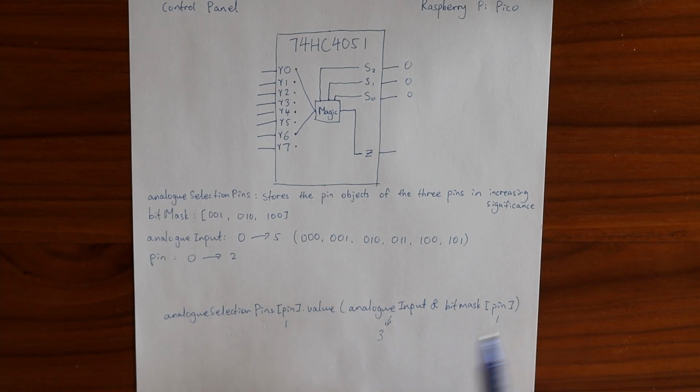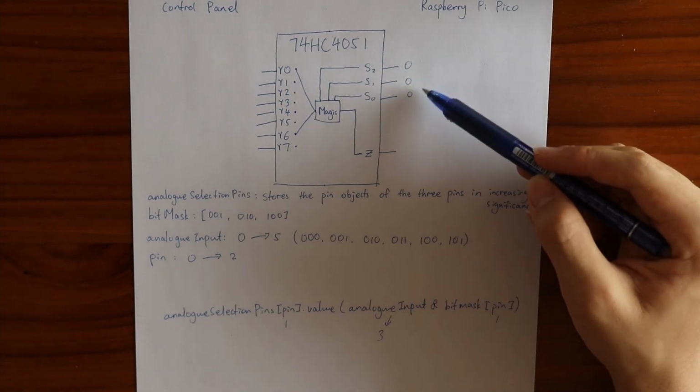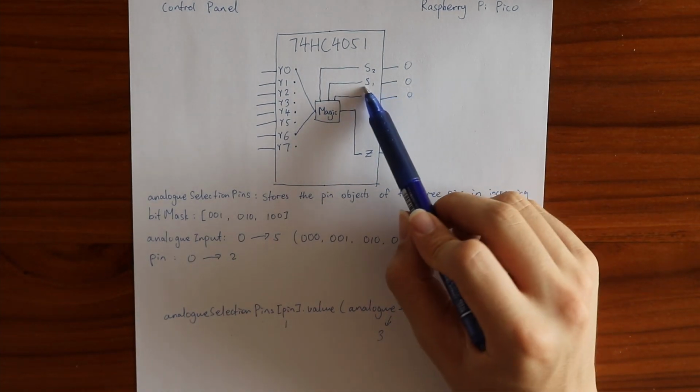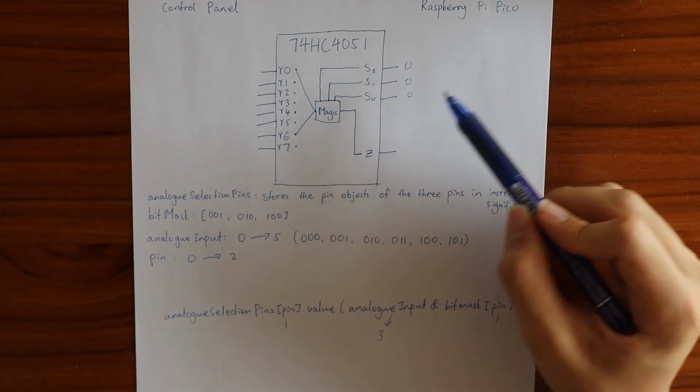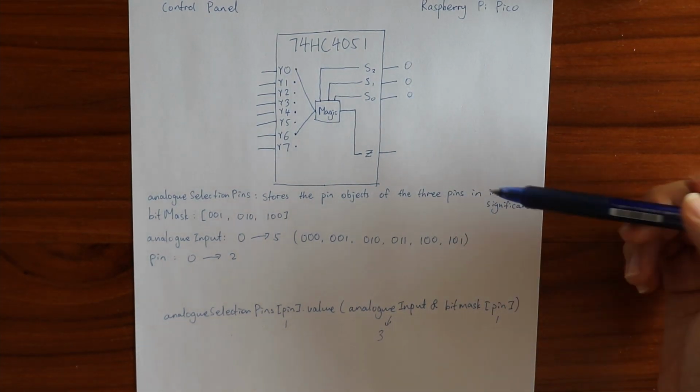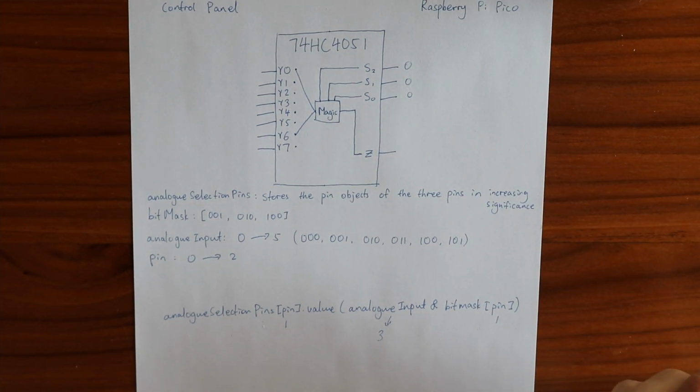What this automatically does is, since this array stores the pin objects of the 3 pins, by putting in 1 as the index, you're referencing the pin that's connected to this pin. So you're setting the value of that pin, which is what you want. And the value that you actually set it to is either a 0 or 1, either low or high.